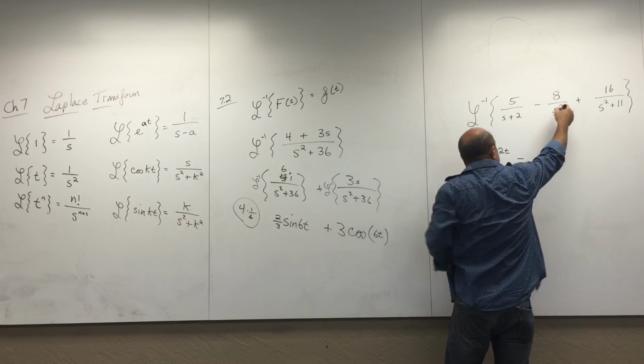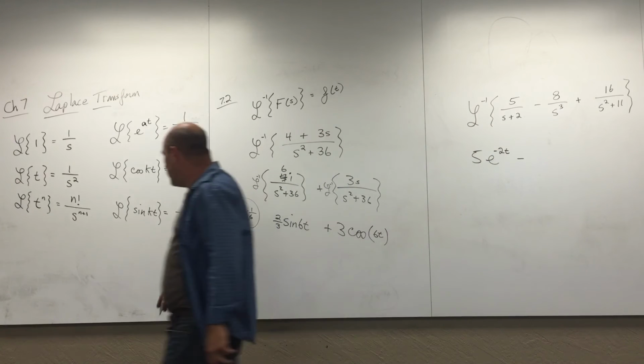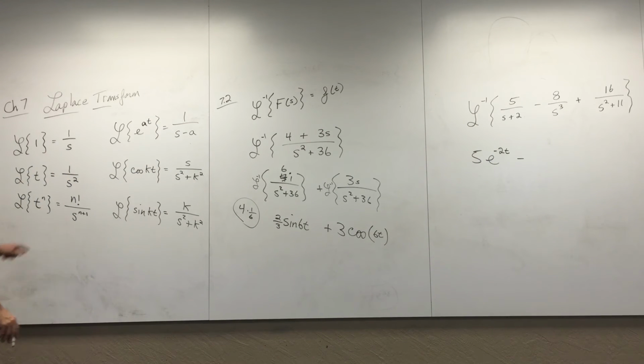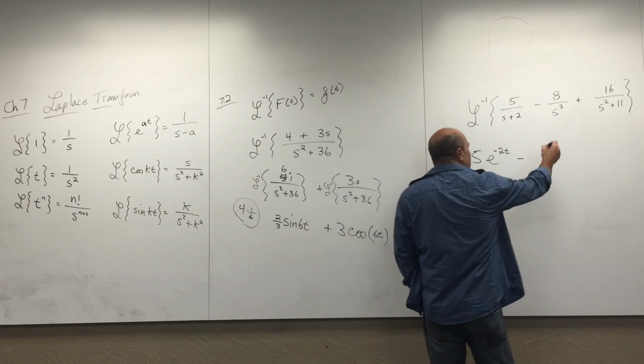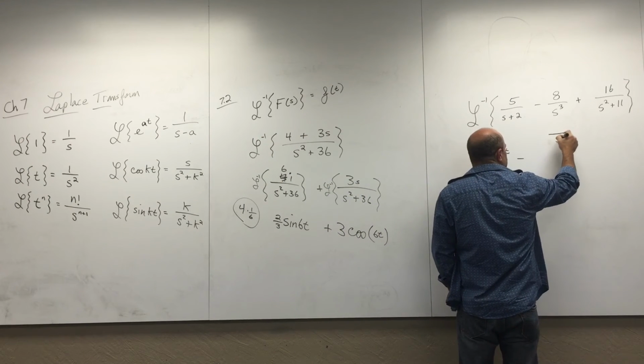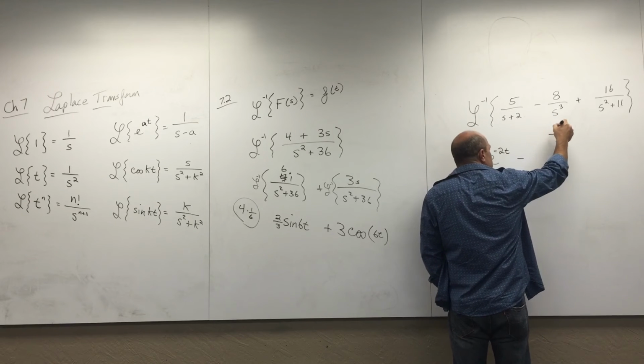The next one has this s cubed in the denominator. So if you've got an s cubed in the denominator, it's a t squared. You're saying it's a t squared, and if it's a t squared, what needs to be on top?